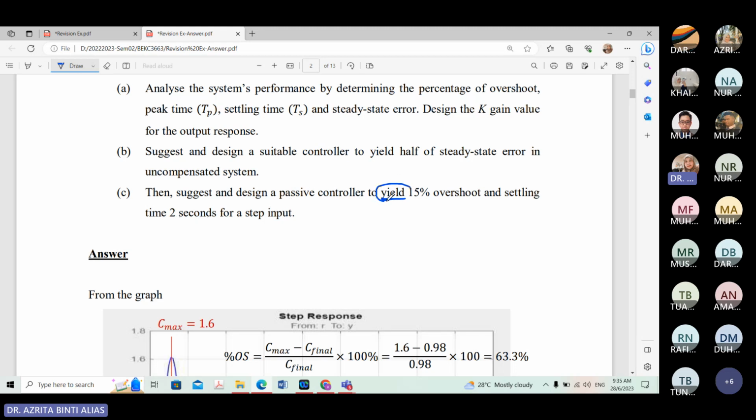This is our design requirement, or we can say these are our desired values, our compensated values, because we want our system to have these values. That means the settling time given in this question is our TS compensated.